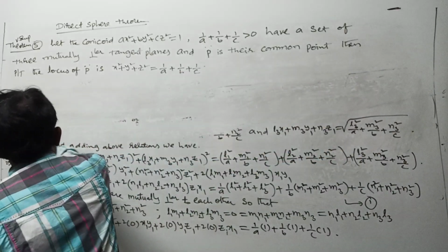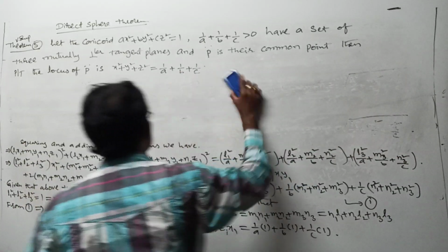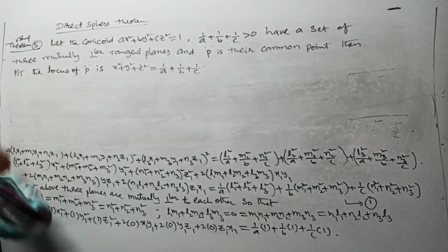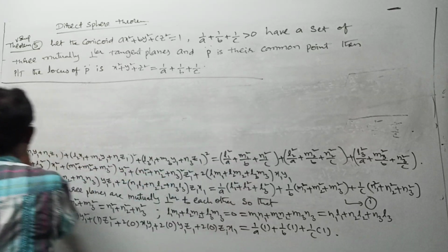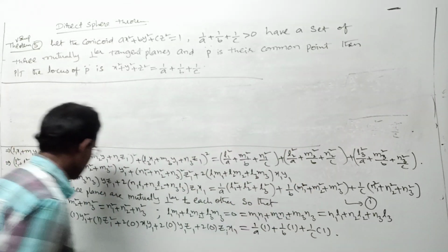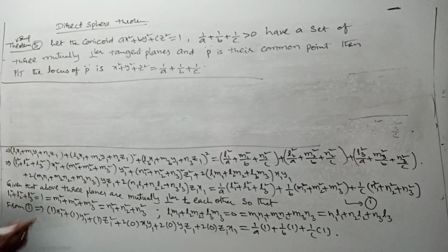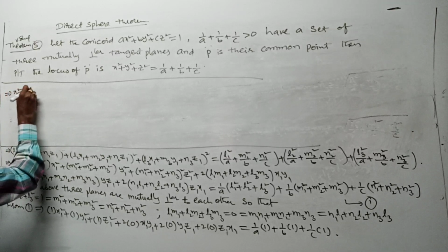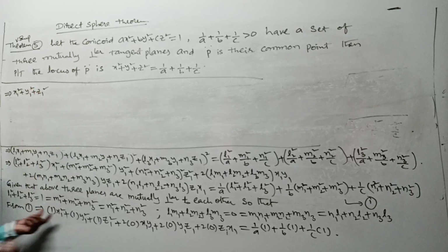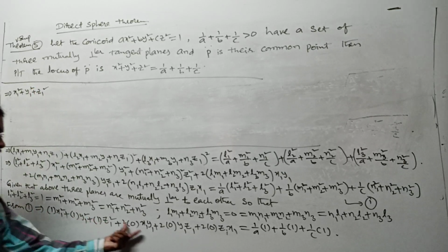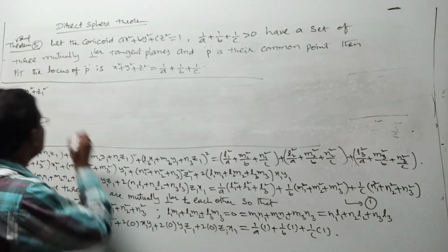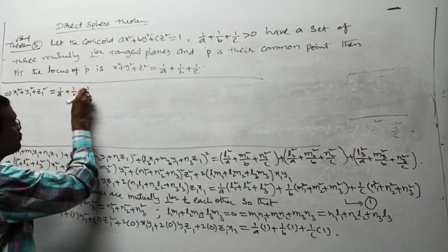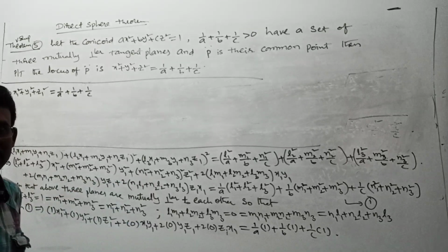Just see here, these lines are enough. This left side portion becomes: x1 square plus y1 square plus z1 square is equal to 1 by a plus 1 by b plus 1 by c. This is the simplified form of it.